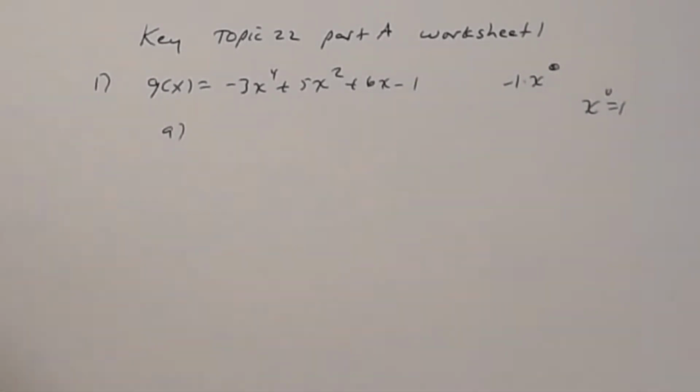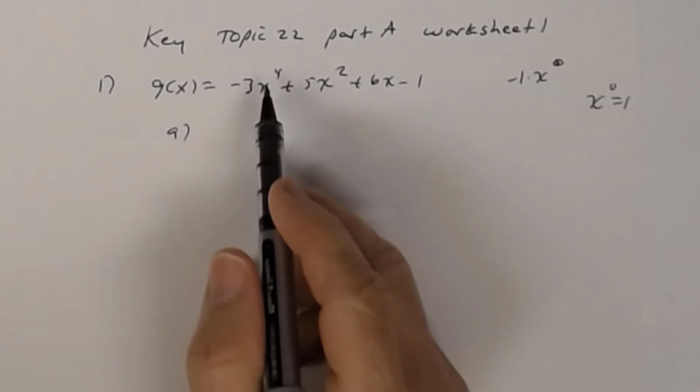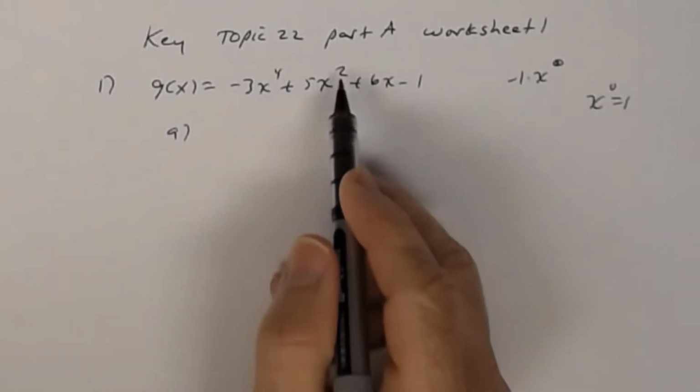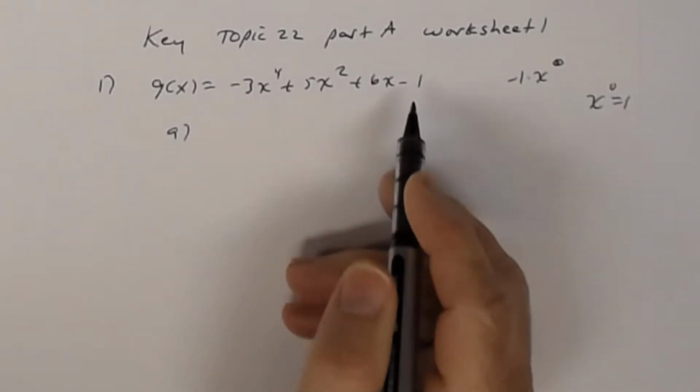All right, so going back to the leading term. The leading term is the term that has the largest degree. So this degree is 4, this degree is 2, this degree is 1, and this degree is 0.